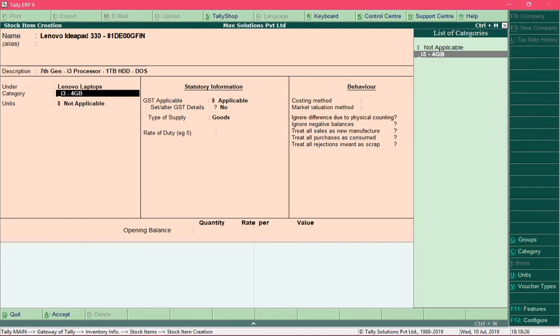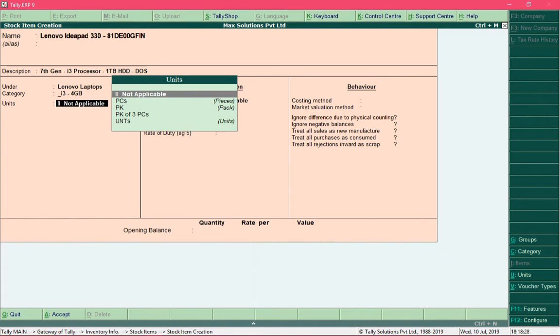So select the category and press enter. And in the field units, you need to specify the units in which you are going to buy and sell these products. So I'm going to buy and sell these products in units. So navigate to the desired units and select it by pressing the enter key.